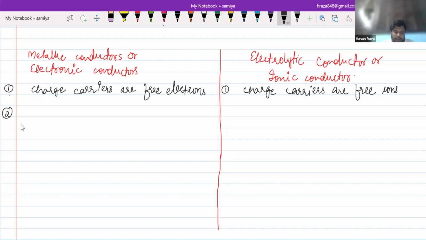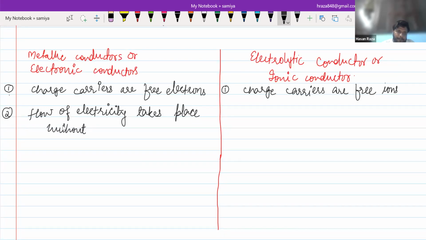Second point we can differentiate with: flow of electricity takes place without any chemical change.